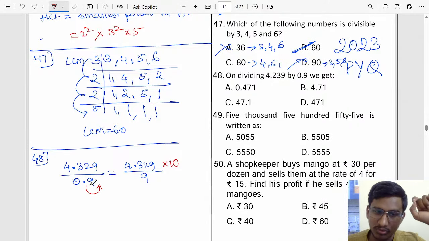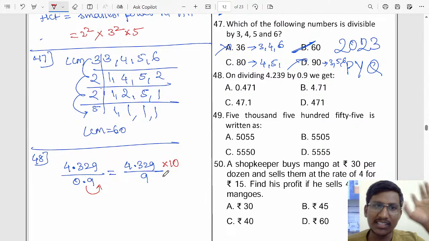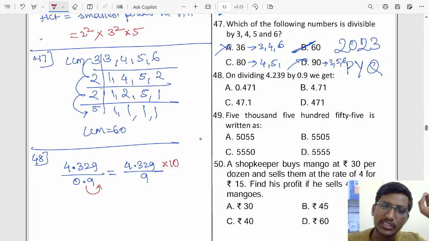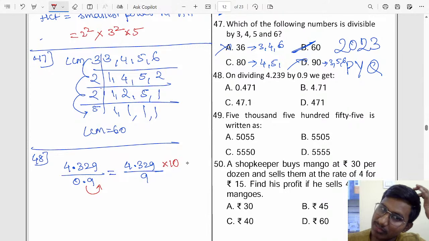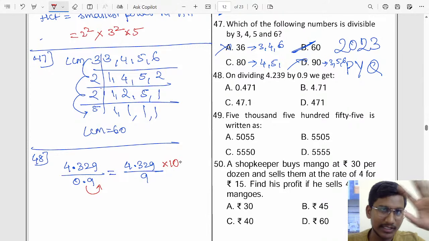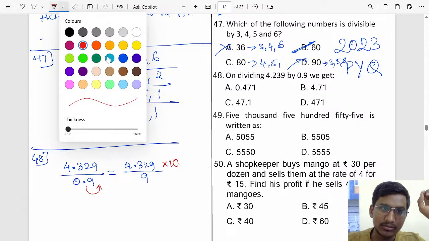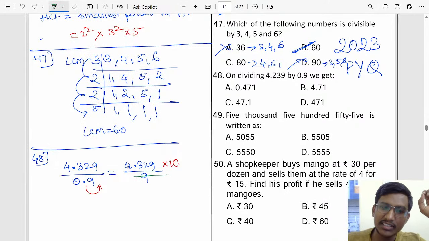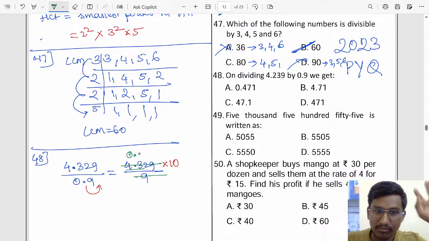For that one decimal place, we have to multiply the numerator with 10. One decimal place means 10. Okay? So now you cancel it out, you will get the answer. Or you can multiply this 10 also and then get the answer. So let me cancel now. 9, how much? 4 is smaller, so 0 point, so it will become 43. 9 4s are 36, remaining will be 7.